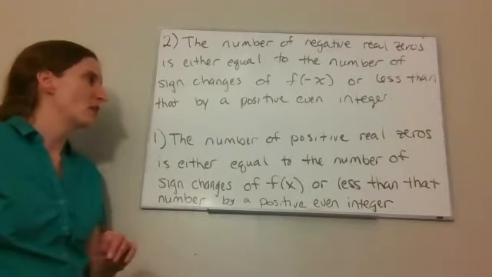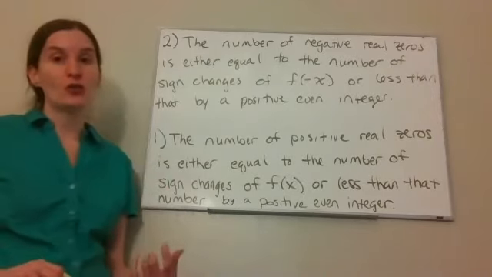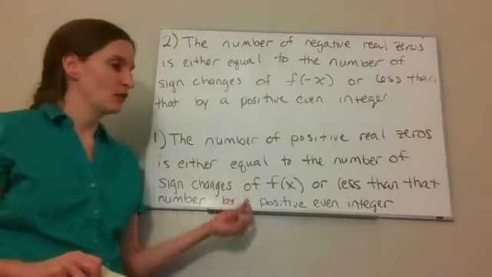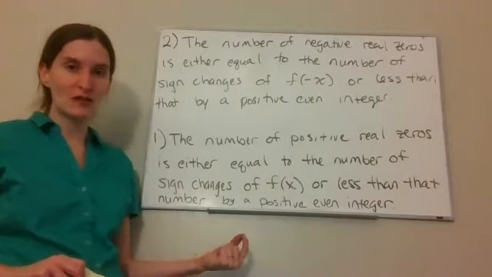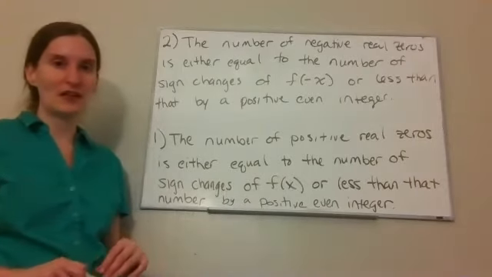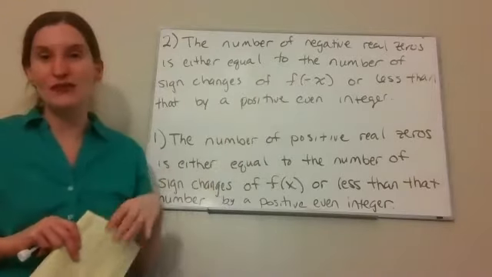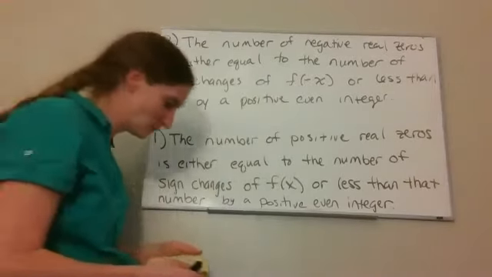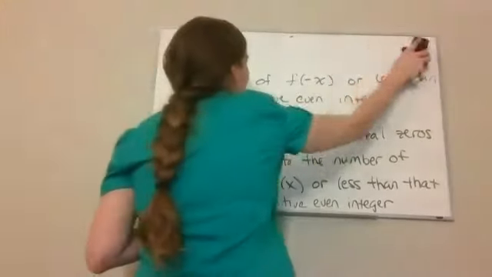Well, then the number of positive real zeros is either going to be 4 or 2 or 0. So you just subtract even integers from the number of sign changes, and that tells you the possibilities. Same for the negative real zeros, except you have to find f of negative x first. Let's do an example because it makes much more sense with an example.